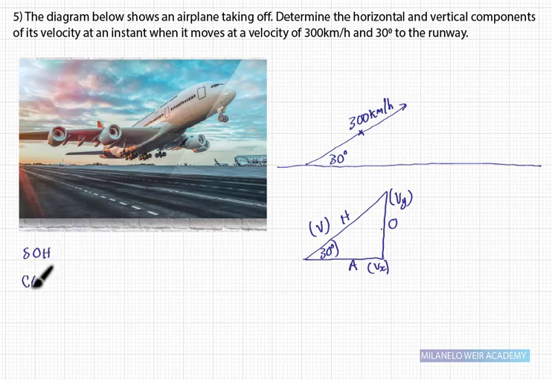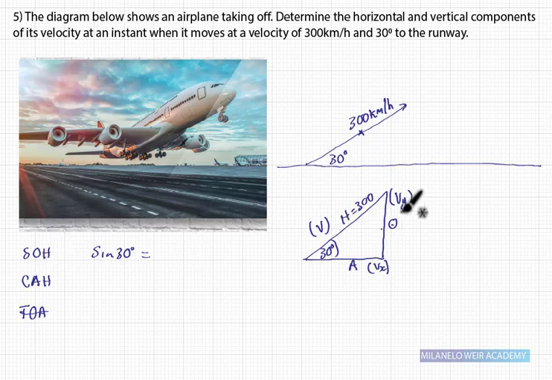Now, looking at this, we have the hypotenuse equal to 300. For adjacent and opposite, we will use them as needed. Sin 30 is equal to opposite over hypotenuse.